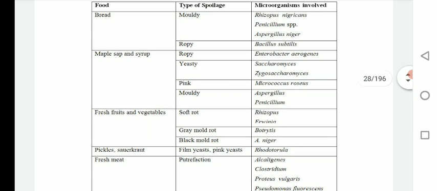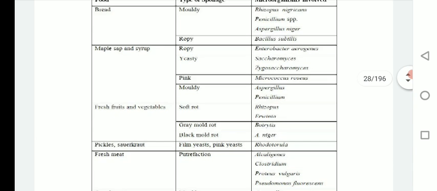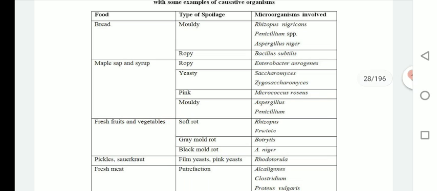And this maple syrup spoilage is mainly caused by Enterobacter aerogenes, then different types of Saccharomyces species, then Zygosaccharomyces. These types of spoilage are caused by different types of organisms. For example, a ropey texture is due to Enterobacter aerogenes.